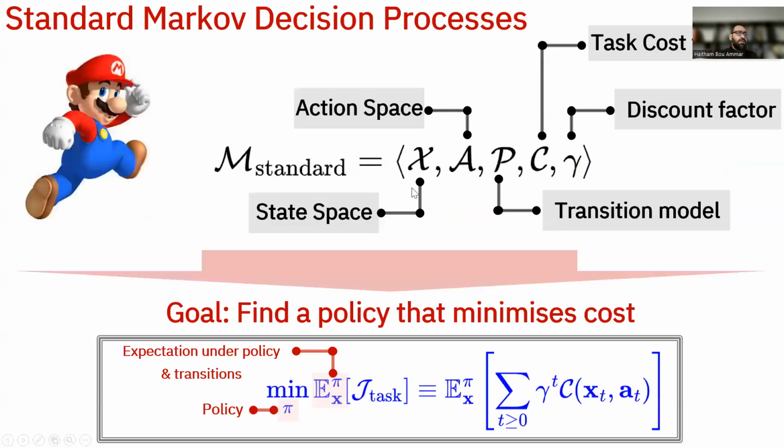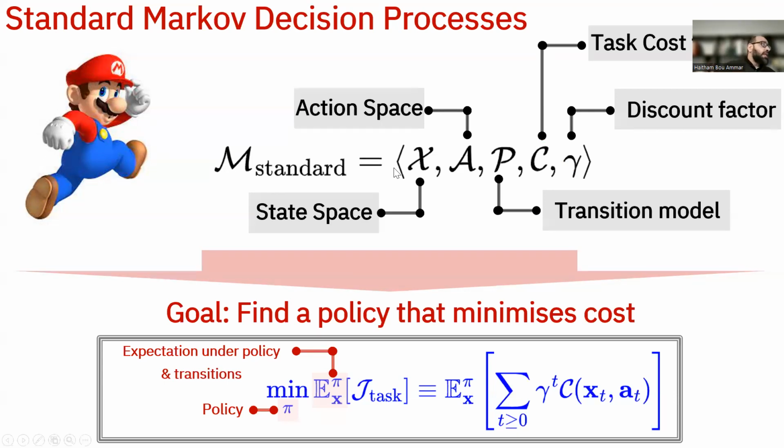So we're going to get started from the standard Markov decision process setup. In reinforcement learning, as you saw in other talks, maybe in this channel, what we do is we start by defining a Markov decision process.